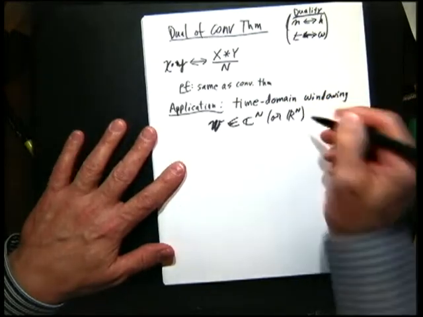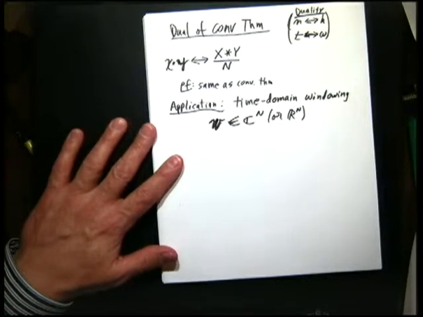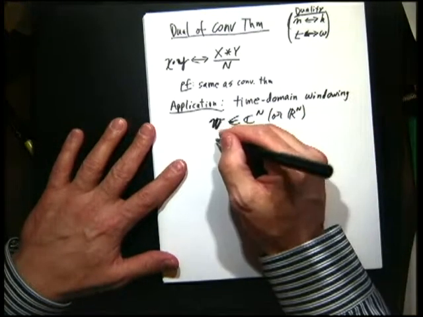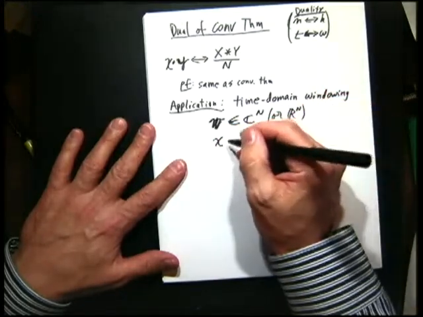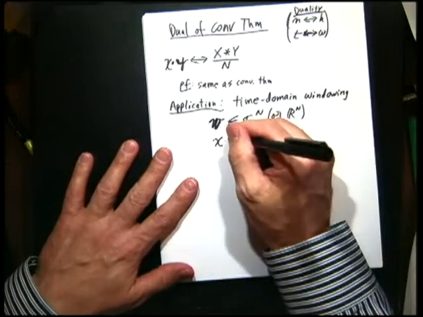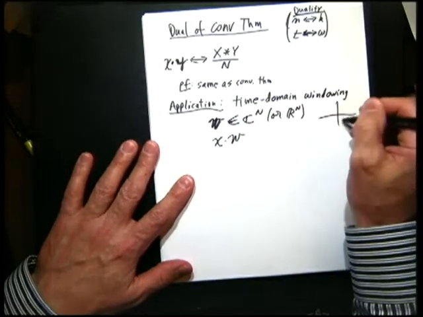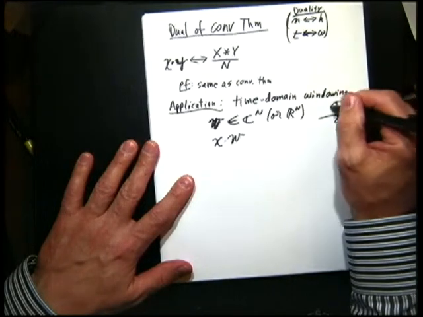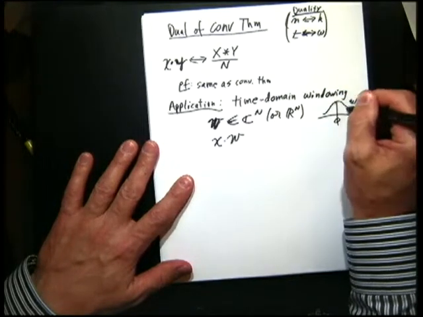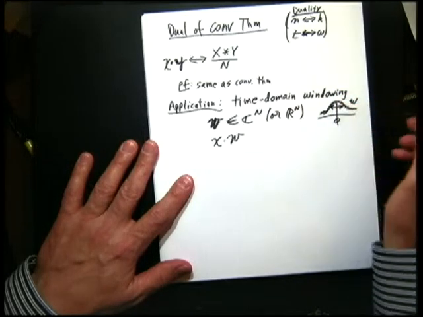In other words, when we do windowing, we almost always choose a real window. So if you have a frame of data X, and it's usually just a chunk of data out of your signal, you multiply it by your window. And the window is virtually always a zero phase thing. So it's always symmetric about time zero.